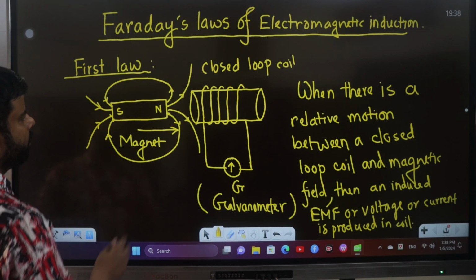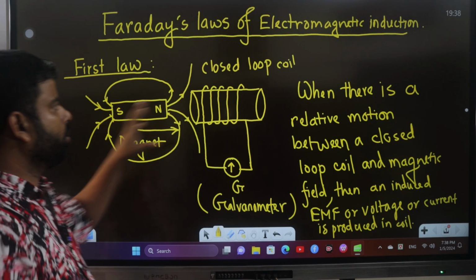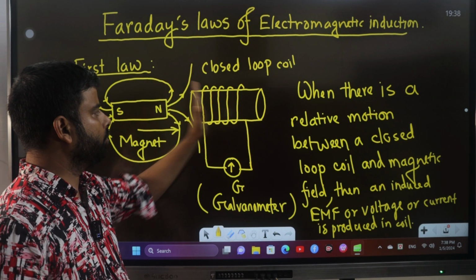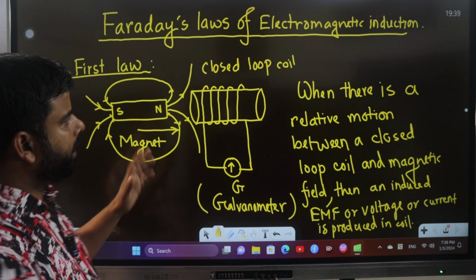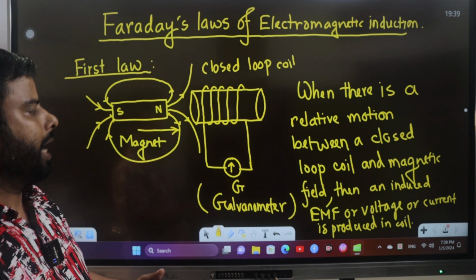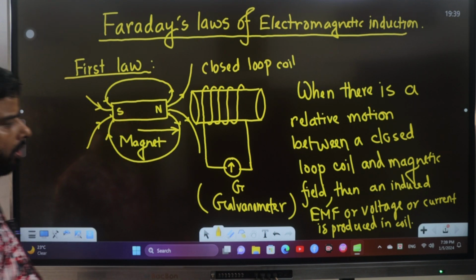So when we move this magnet into the closed loop coil, the magnetic lines of force cut the wire of the closed loop coil, then an induced EMF or voltage is produced, and that's why a current is produced.